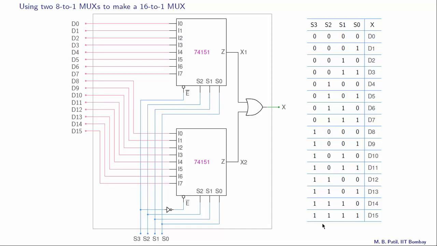And that is something that we can use to enable either the first multiplexer, this one, or the second multiplexer, this one. And that is what we have done in this implementation. S3 here is connected as E bar of the first mux, and S3 bar is connected as E bar of the second mux.